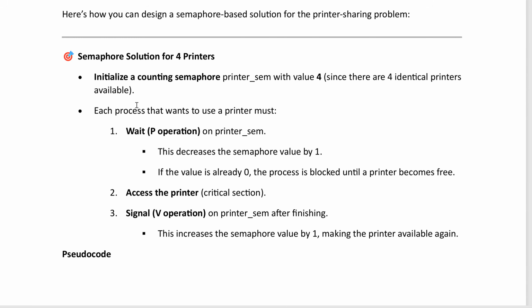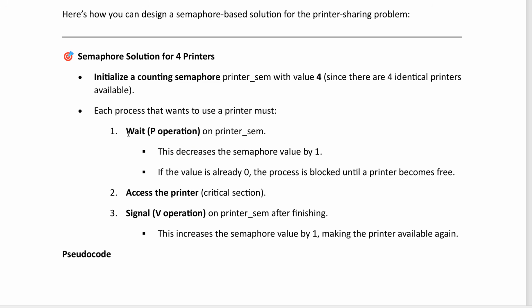First of all, we need to initialize the counting semaphore. The name of the counting semaphore is printer_sem, and the value is 4 because there are four identical printers available, right? Each process that wants to use a printer must wait. Wait means P operation on the printer semaphore. Wait means decreasing, signal means increasing.